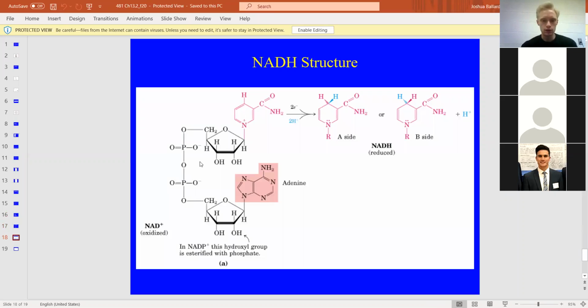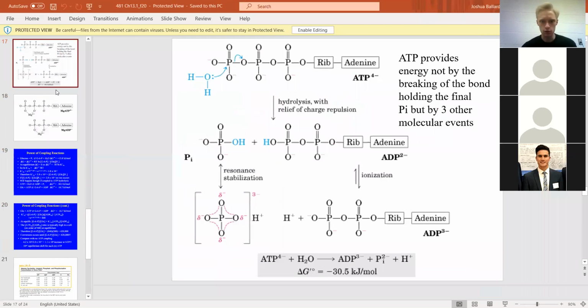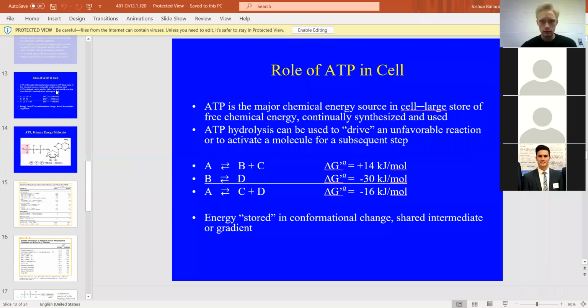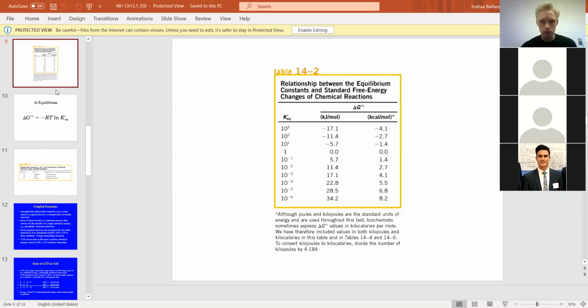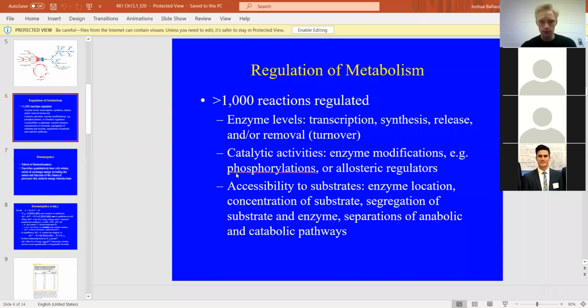And then as far as the last one, know about general strategies for enzyme regulation as part of glucose and glycogen metabolism. I believe that was in 13.1. Let me double check this real quick. Yeah, regulation of metabolism.